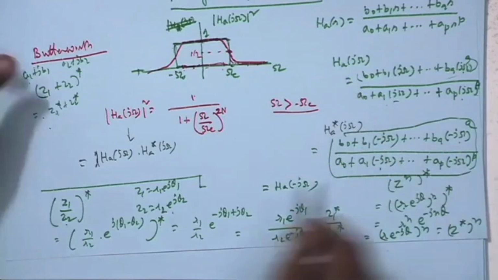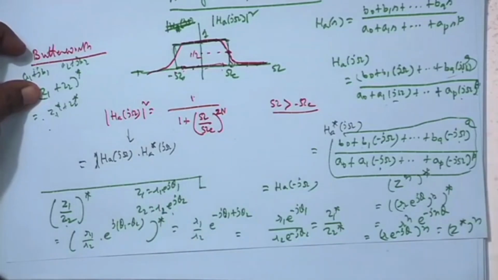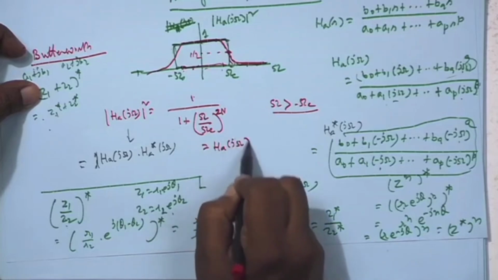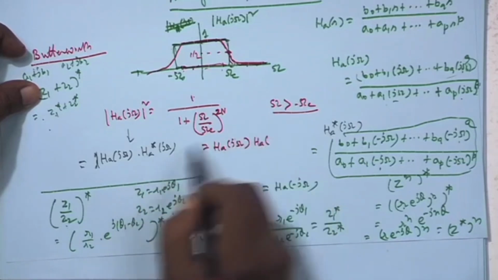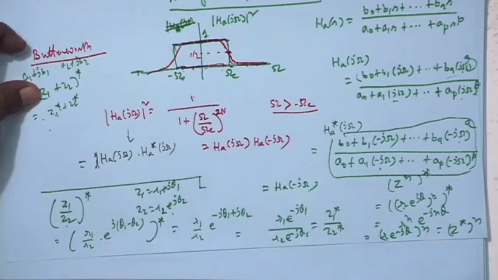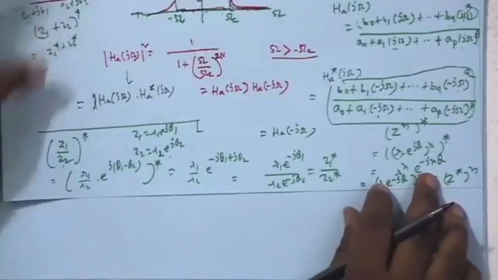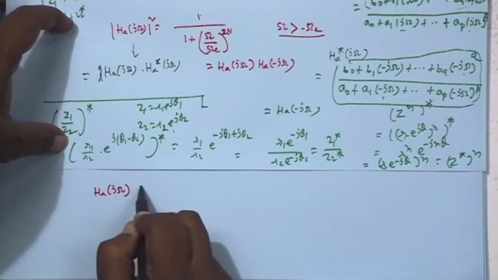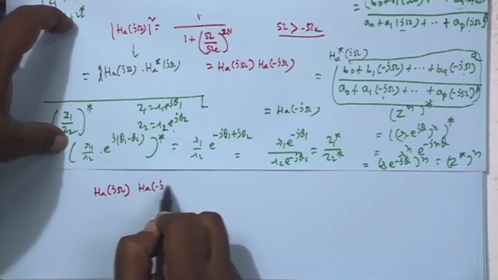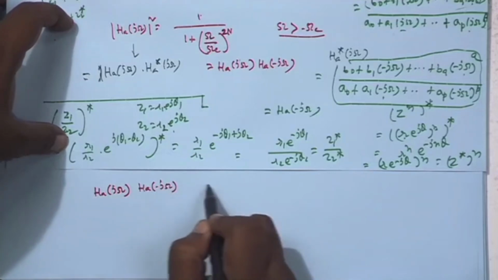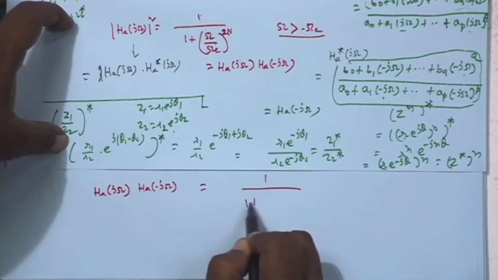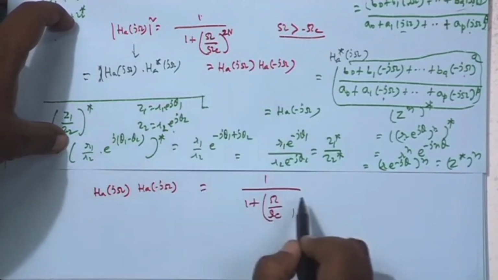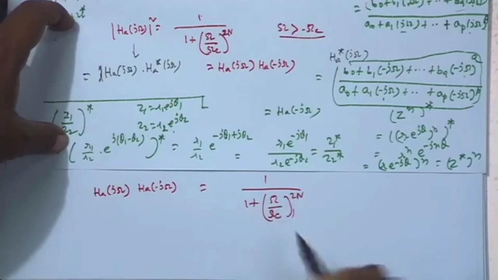which means not only star, I can write as h a minus j omega, all right. So, I have got h a j omega into h a minus j omega equal to our chosen approximate function, our chosen function which approximates that original characteristics nicely.